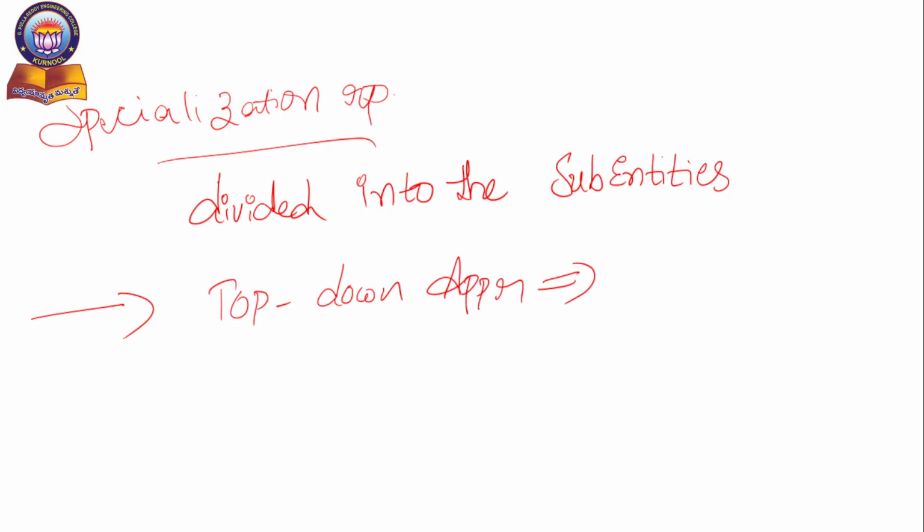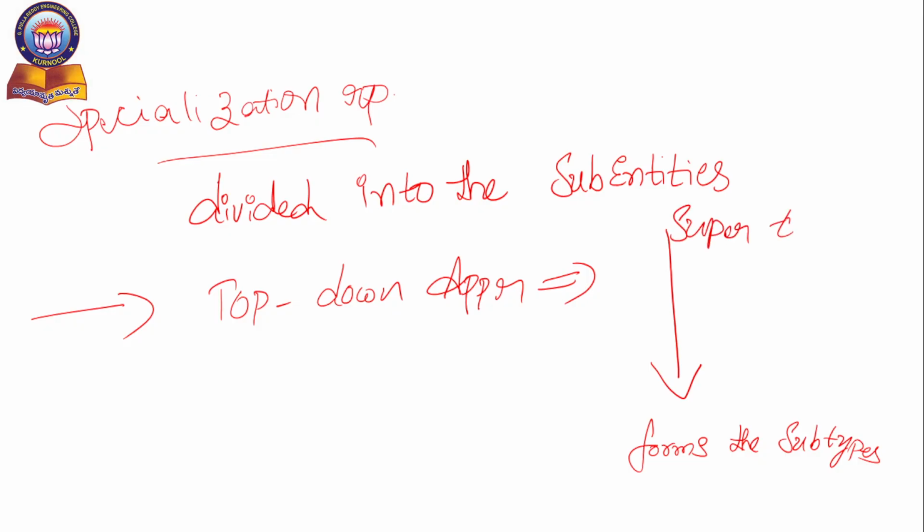So the top-down approach symbol will be represented as top-down. An entity is specialized into two or more lower-level entities, where the higher-level entity is specialized into two or more lower-level entities, and it forms the subtypes from a super type, because it follows the top-down approach.